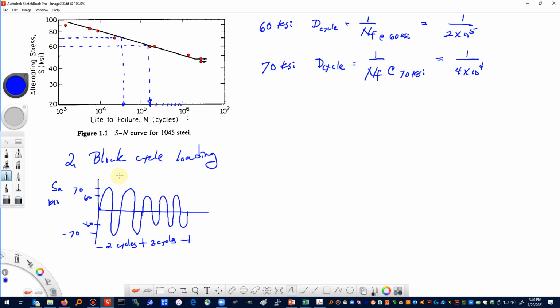And this block repeats itself over and over again. We want to know how many blocks of this repeating loading can our component sustain before it breaks.